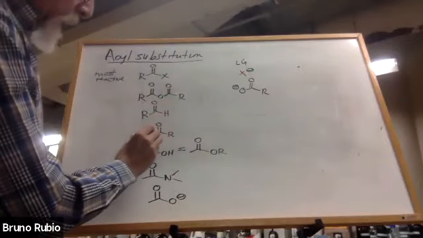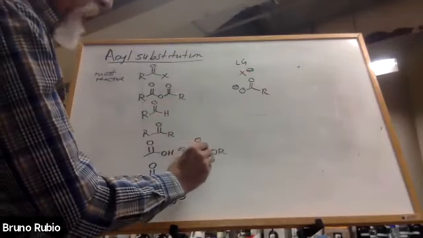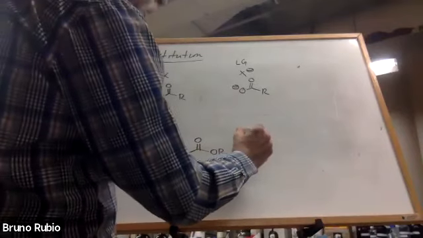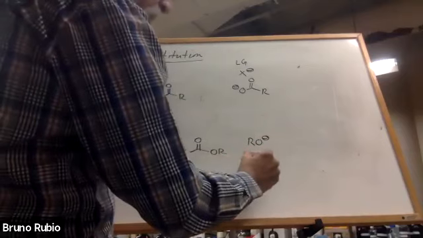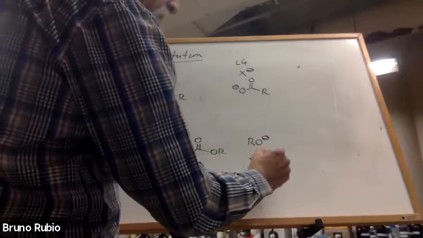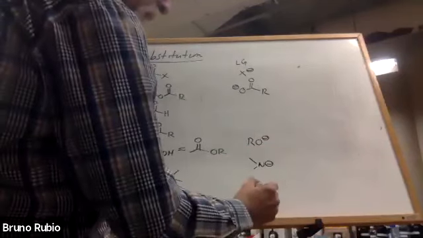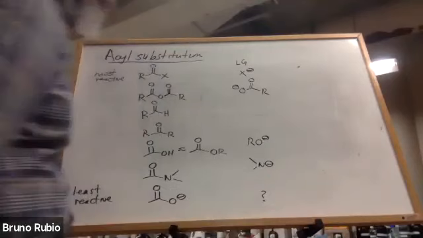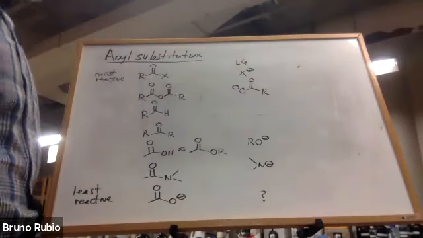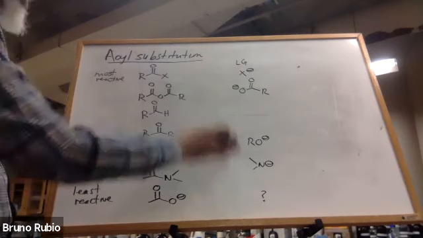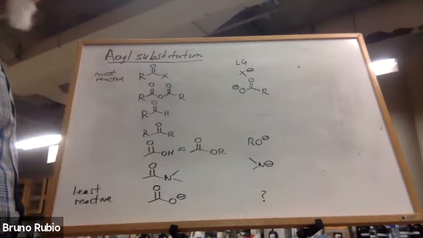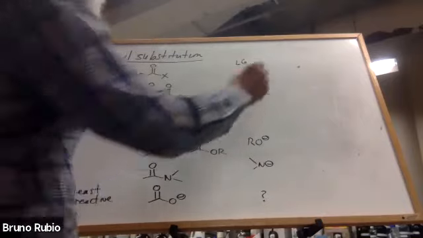That's not an acyl derivative. The leaving group here is alkoxide. The leaving group here is going to be an amide. And the leaving group here, well, I don't really know what it is. O2 minus, maybe. This is the only thing that we really need to know about. So that's the leaving group.